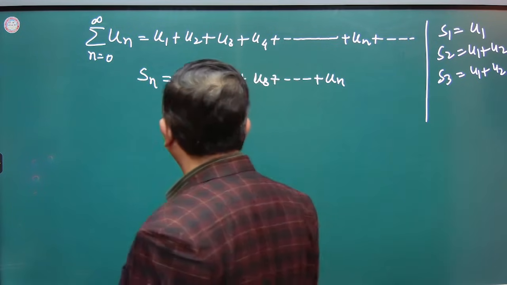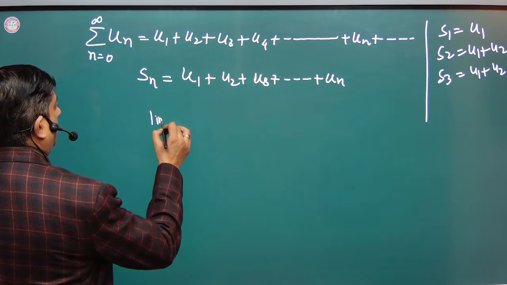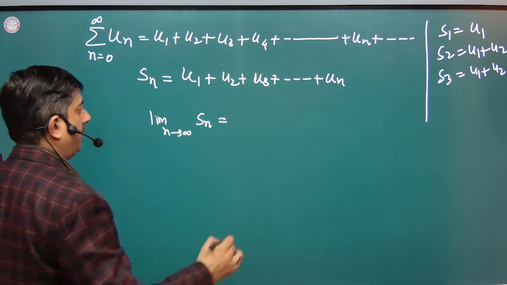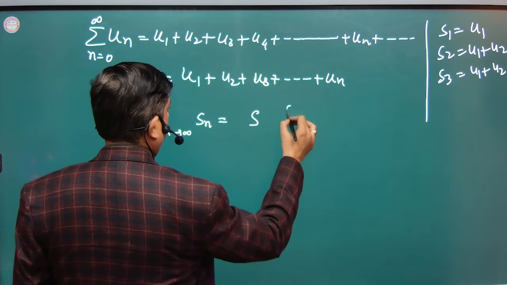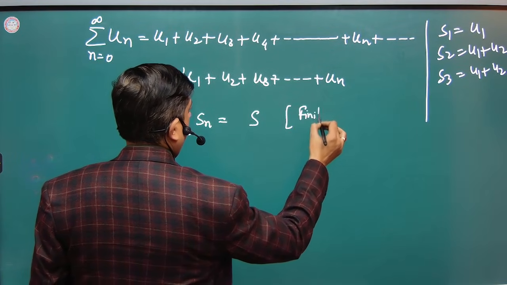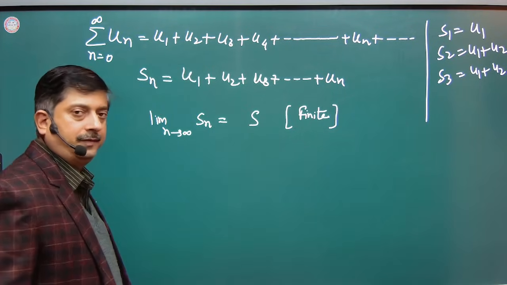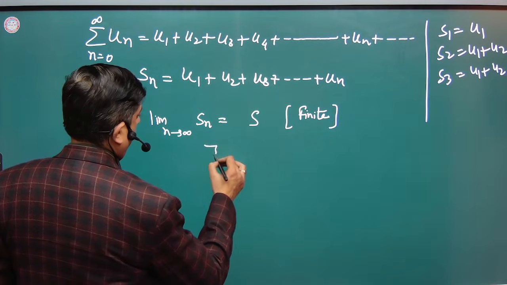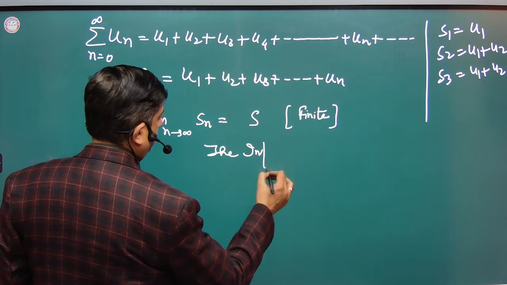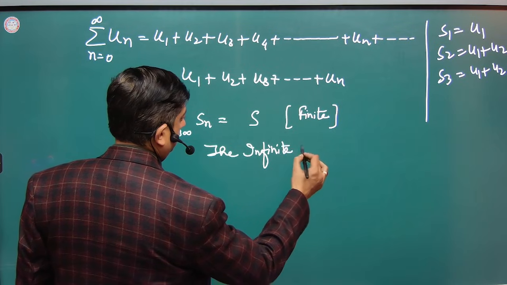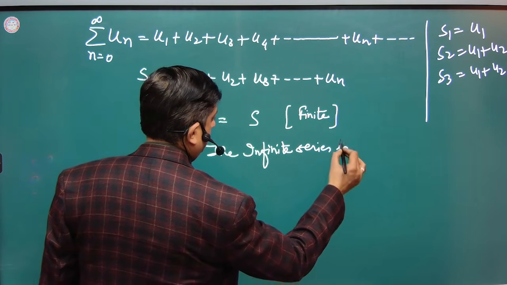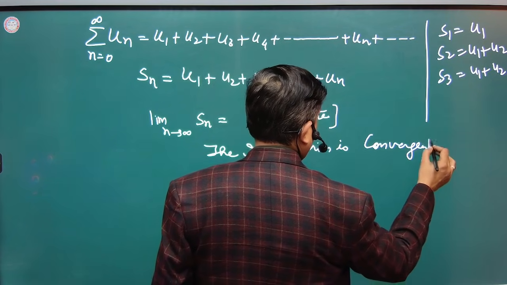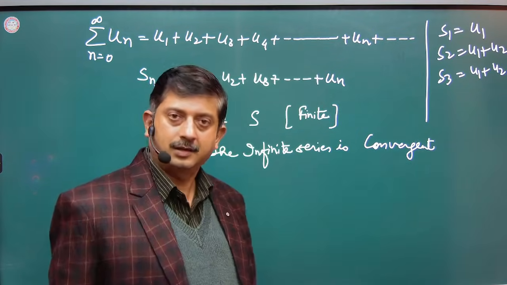The formula is, when we take limit n tends to infinity of Sn, and if its value is, let us say, s, where s is finite, then the infinite series is convergent.